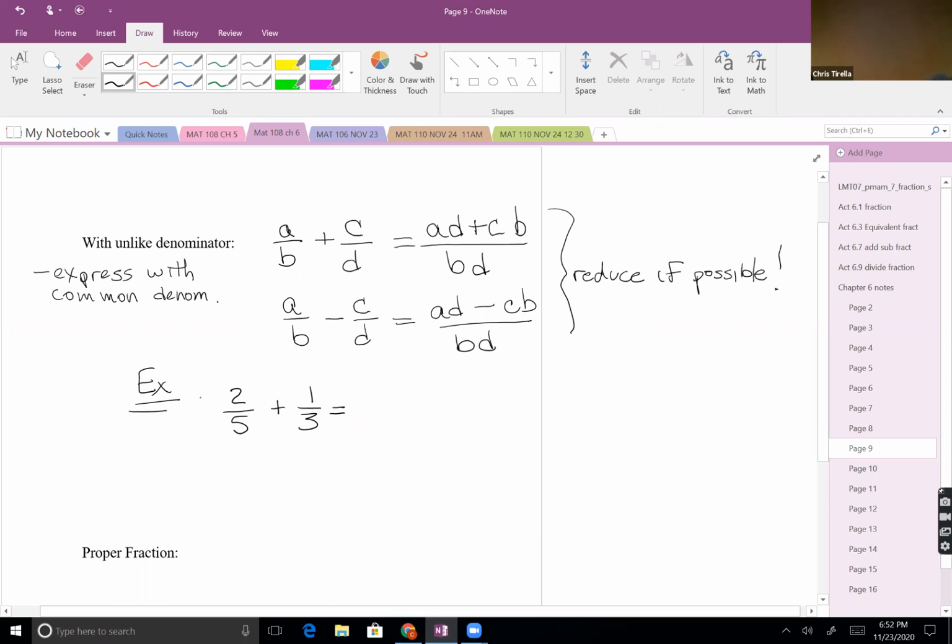And so if we think of taking this first fraction and multiplying it by 3/3, and that second fraction, multiplying it by 5/5, we have 6/15 plus 5/15, which would give us 11/15.